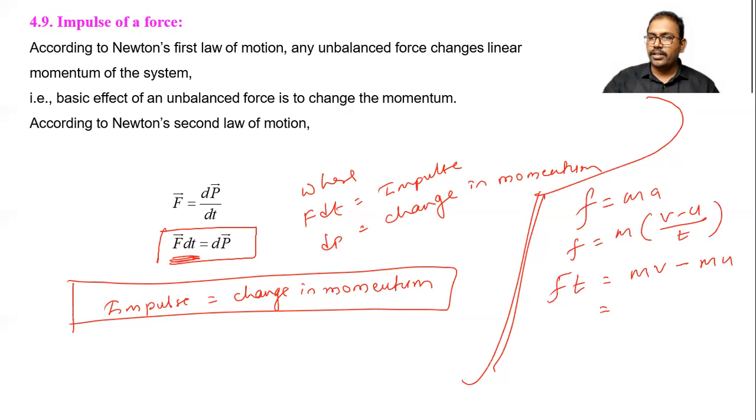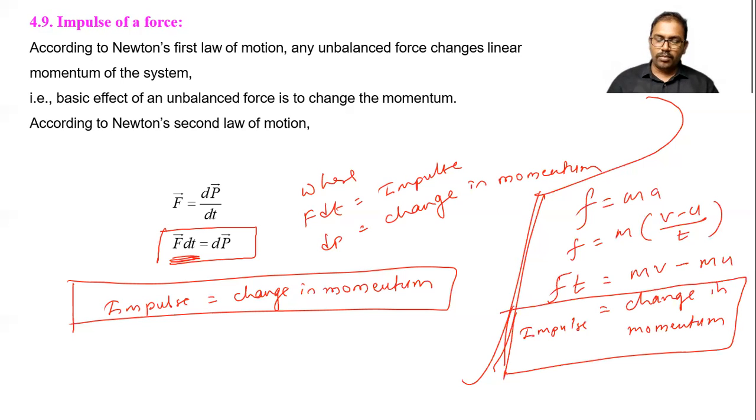So mv is the final linear momentum, mu is the initial linear momentum. So it gives us the change in momentum. Linear momentum we are talking about here. So this is impulse, and we can write impulse is equal to change in momentum. Same equation we get here.